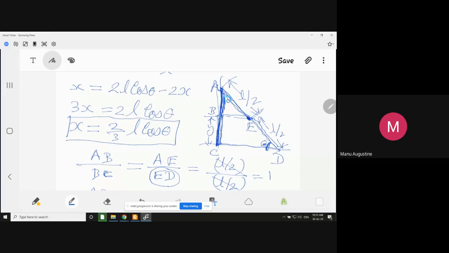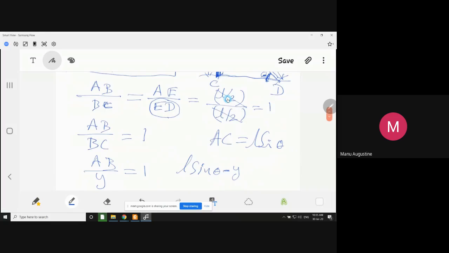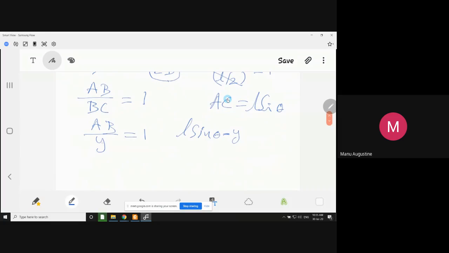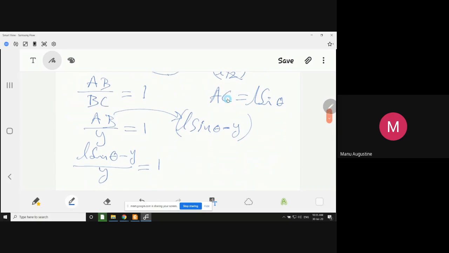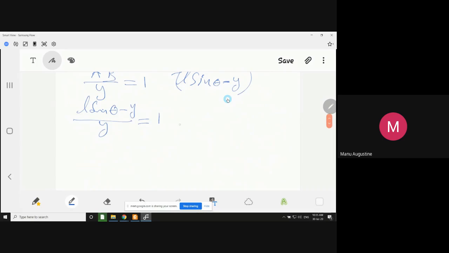Okay. BC is Y. What is AB? It is L sin theta minus Y. So since AB is L sin theta minus Y, my relationship becomes (L sin theta minus Y) divided by Y equal to 1. And now I will cross multiply.